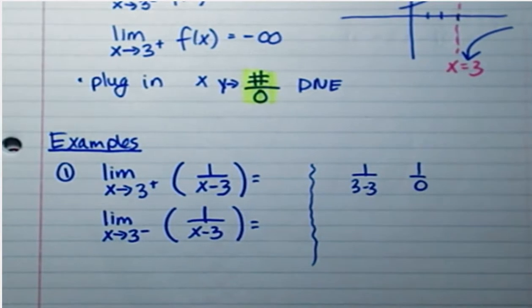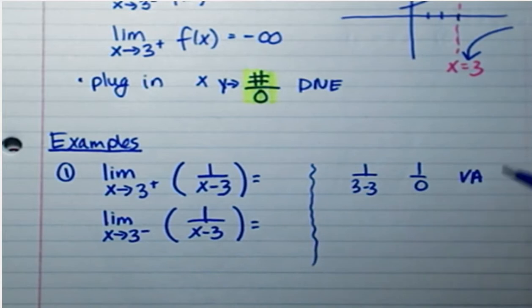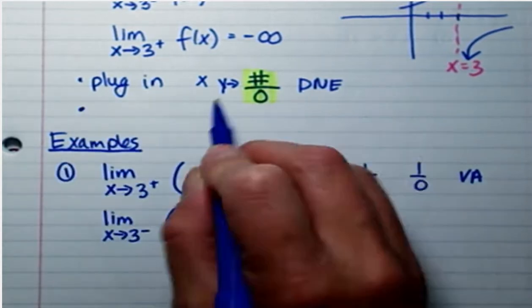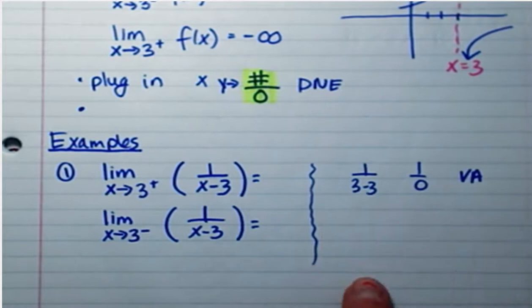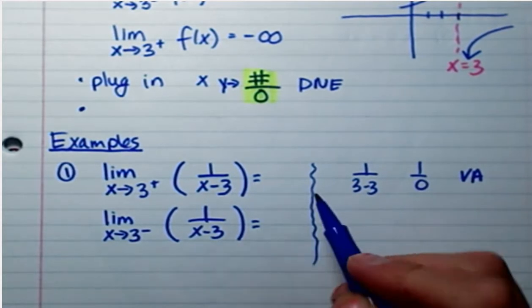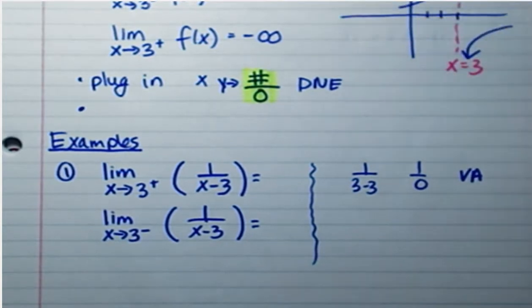So instead of saying, oh no, there's a hole, I'm going to say vertical asymptote. Whenever you divide by 0, that's a vertical asymptote. What's the second thing we're going to do? I know that I have a vertical asymptote. So now I need to figure out, it's not does not exist. I need to decide whether it's going to be positive or negative infinity.